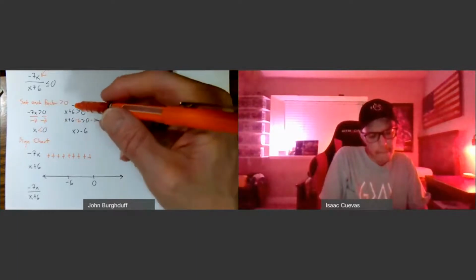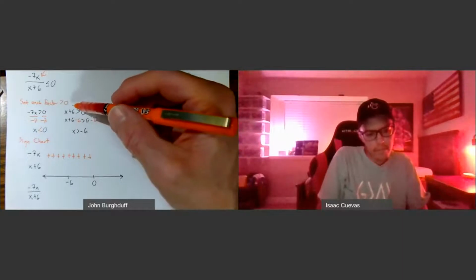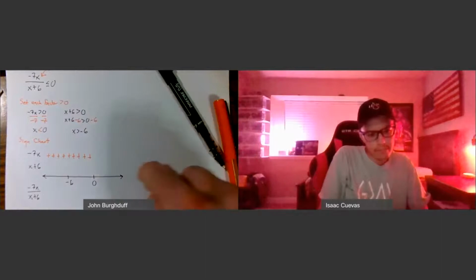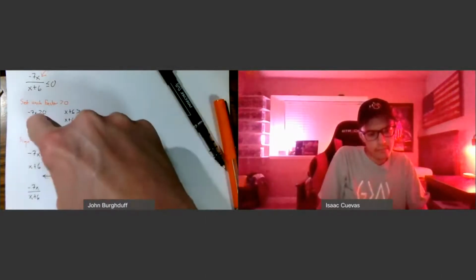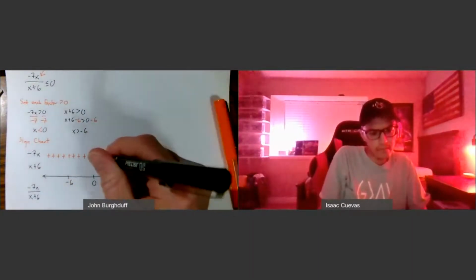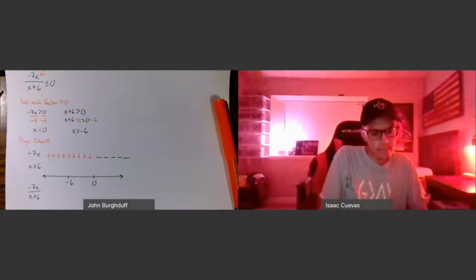Now, the reason that you only look at each factor greater than 0 is because if you look at that, you get less than 0 for free. If all of these numbers to the left of 0 make that factor positive, then all the numbers on the other side of 0 must make that factor negative.